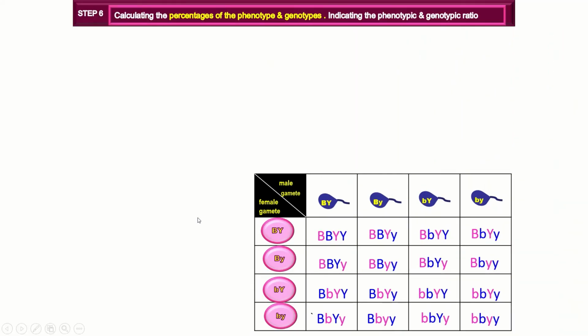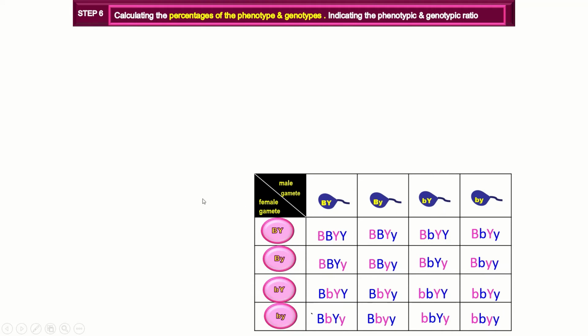So we'll now interpret by calculating the percentages of the phenotype and genotype and indicating their ratio. We'll do this by column or by row. It's up to you as long as all the 16 genotypes are interpreted.